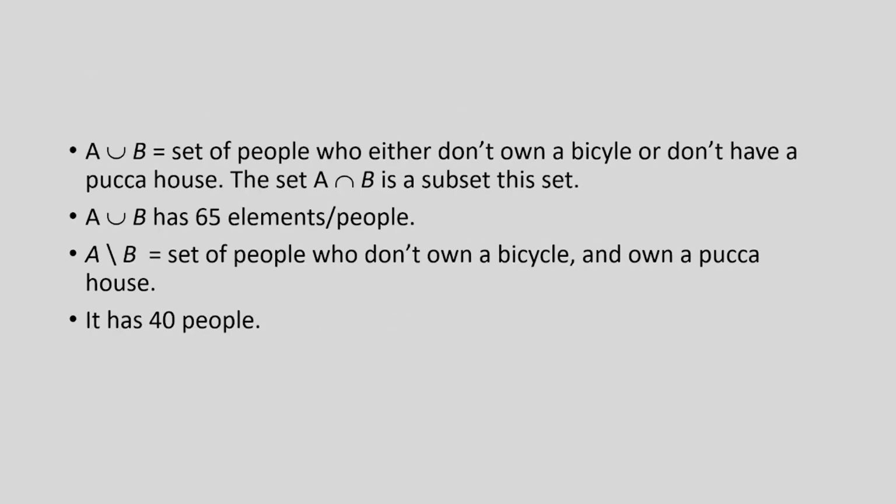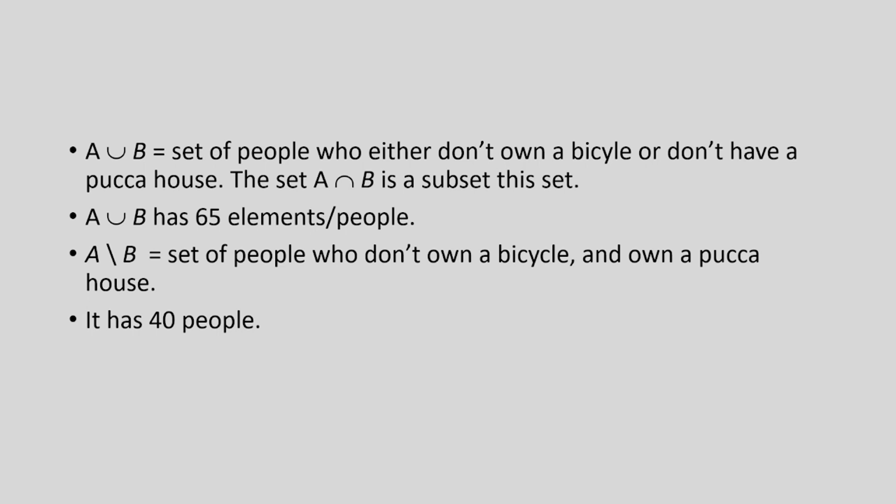What is A union B here? A union B is the set of people who either do not own a bicycle or do not have a pakka house. This consists of those people who satisfy at least one of these two criteria, A or B.